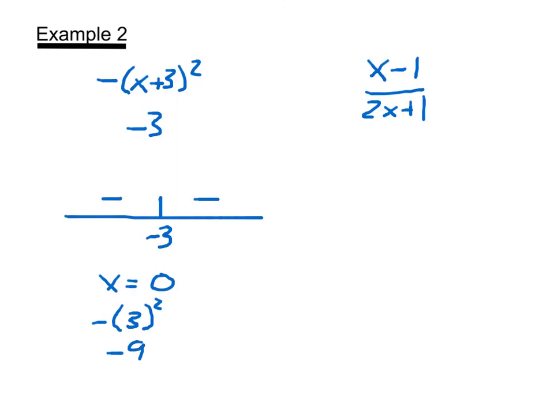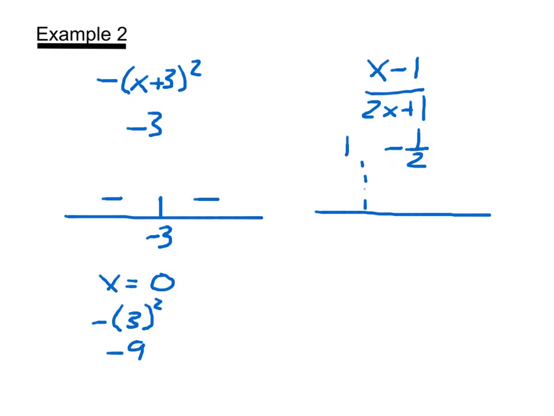In the other example, we have x minus 1 over 2x plus 1. Here, my critical values are 1 for the numerator, and that's a defined value of x for the function. On the bottom, we have a critical value of negative 1/2. That would make the denominator 0. But remember, we can't divide by 0. So this is a critical value, but the function is undefined at negative 1/2.